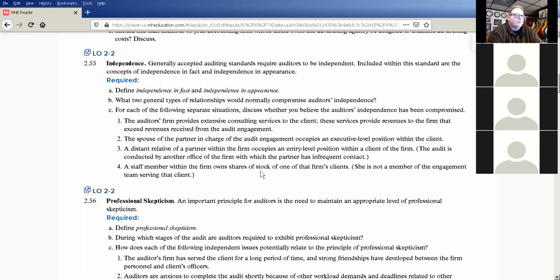So the audit firm provides extensive consulting services to the client, and they're billing out more for the consulting than they are for the audit. Would that impair their independence? Yes. It certainly could.